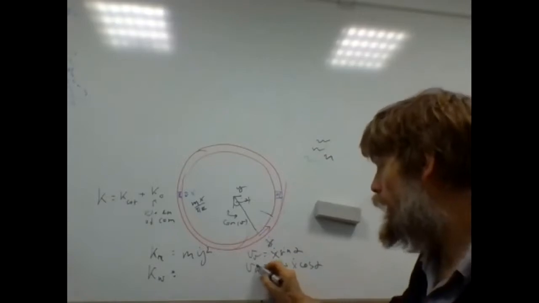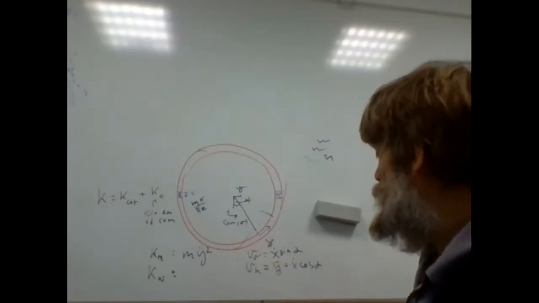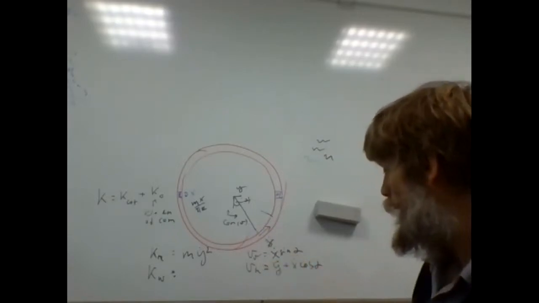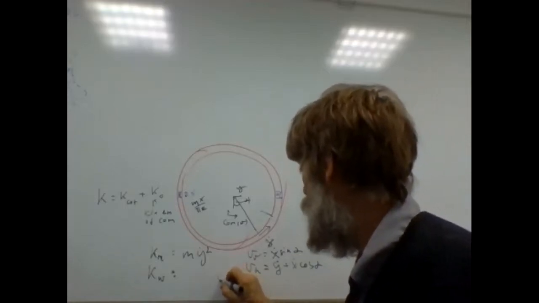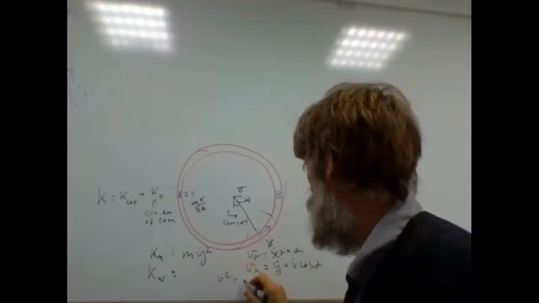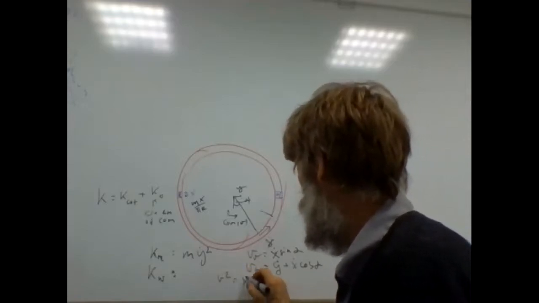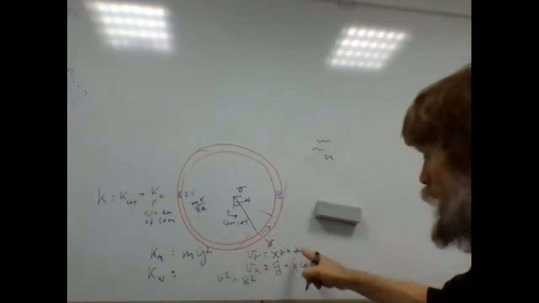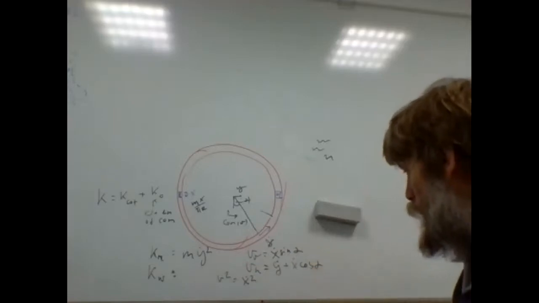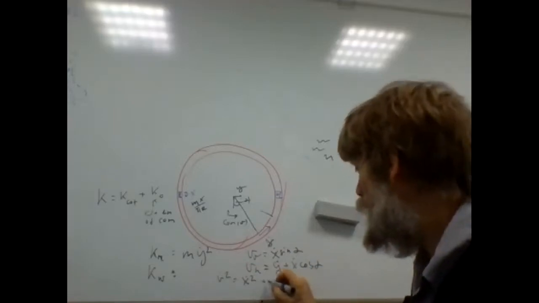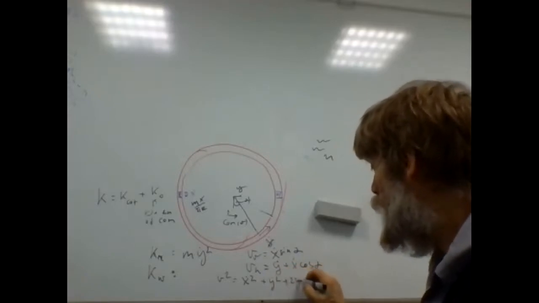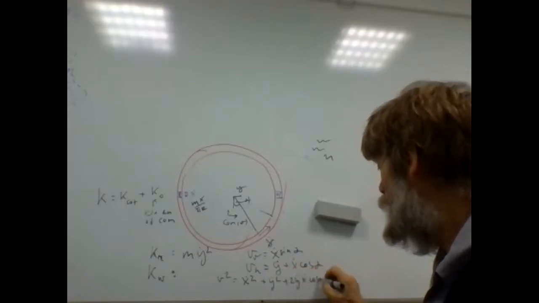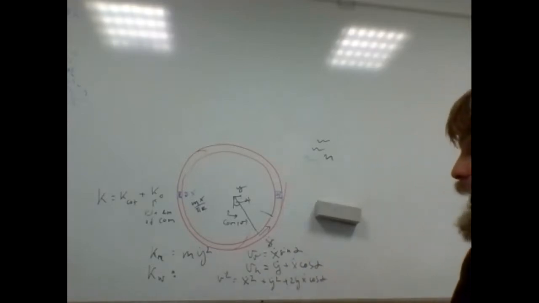So the speed squared, v squared, is x dot squared, sine squared plus cosine squared gives 1, plus y dot squared, and then a cross term plus 2 y dot x dot cosine alpha. This is the velocity squared.